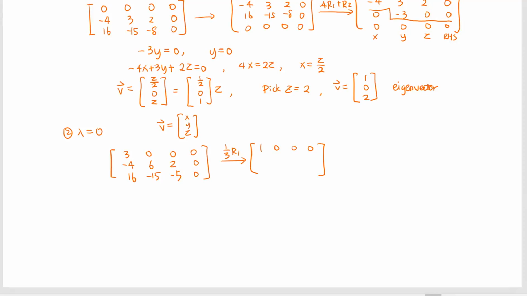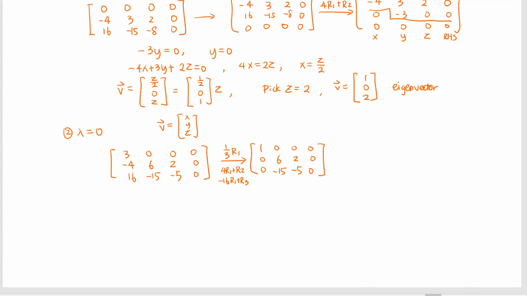Because it's 1, I can use it to kill all the entries below it, and I will get zeros, but all the rest will stay the same, because all these entries are 0, it won't affect the other entries. So here we're doing 4 R1 add to row 2, minus 16 R1 add to row 3. This is like step by step: this is the first step and this is the second step. I combine 2 steps into 1 step.